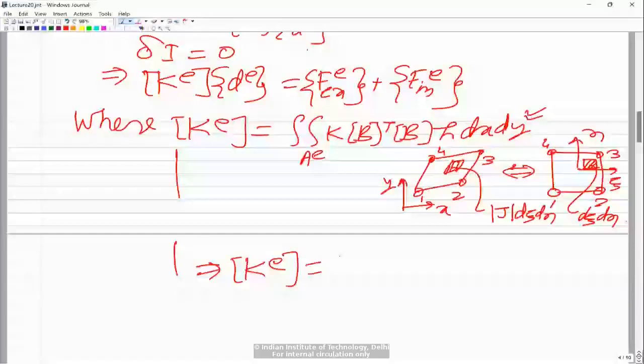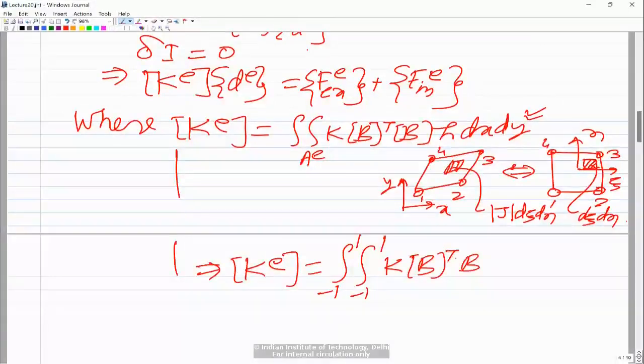So the integration limits become -1 to +1, -1 to +1, and this remains the same. Anyway, B transpose and B are functions of xi and eta, so the integrand is a function of xi and eta. You have H, and in place of dx dy, we are writing determinant J times d xi d eta. So you can write the integration like this.